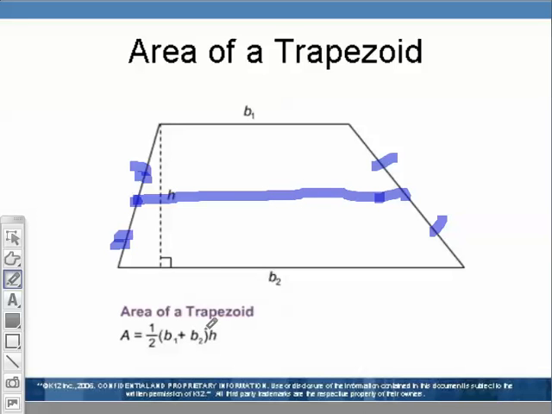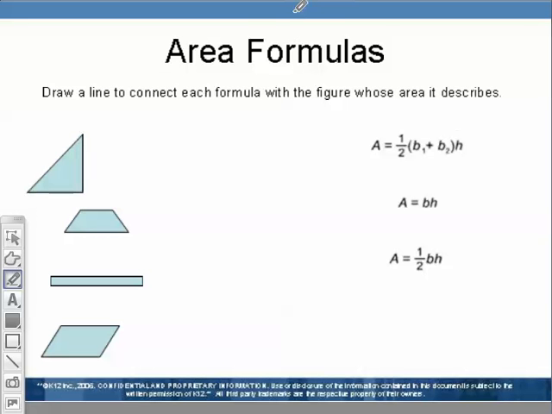That's what we're using right here in this formula: that mid-segment distance times the height of the whole trapezoid, and that will give us the area of the trapezoid. So that's one way of using that. See how we're pulling that stuff in from previous units, right?